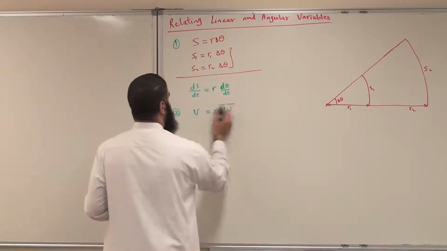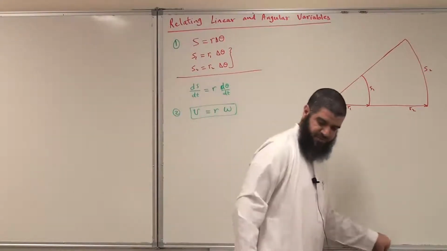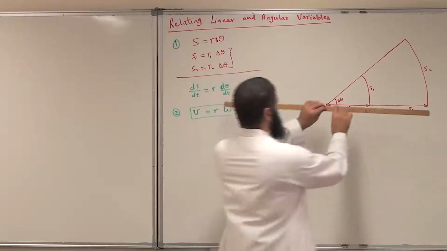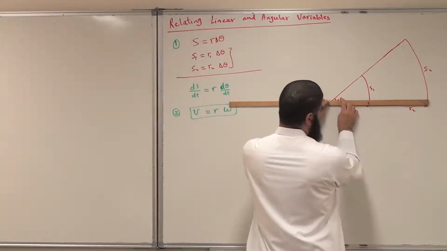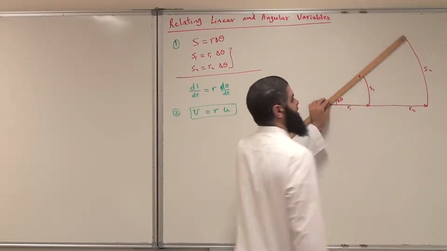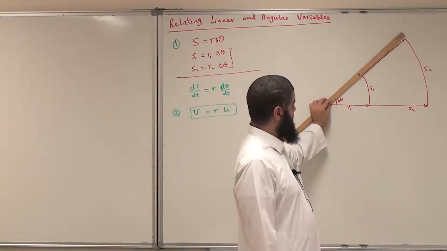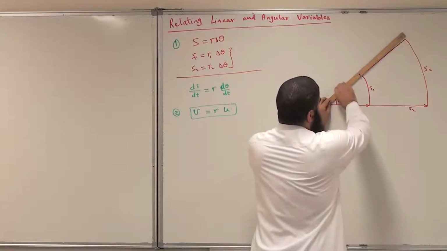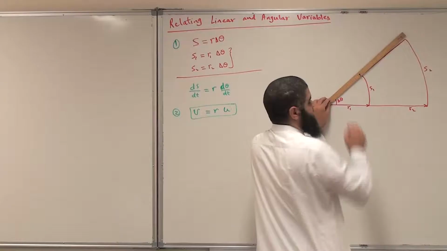Let's see how we can compare the omega for these points. I am talking about the same example. My object has rotated from this reference point to that final angular position, so delta theta is the same. And the time interval every point has traveled is the same.